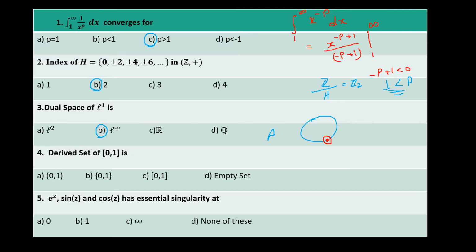So this is a limit point. Here all the points are limit points of it. That's why the derived set for this set is the whole set, and that's why C is the correct option.